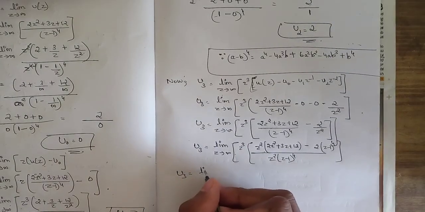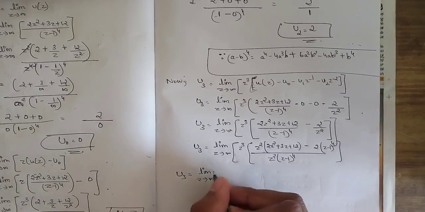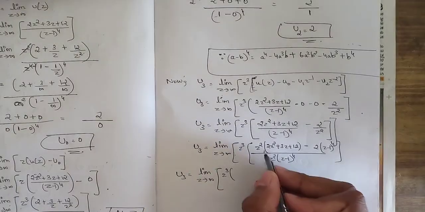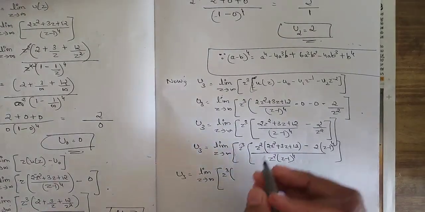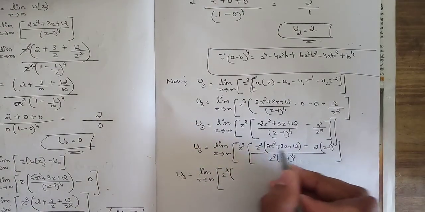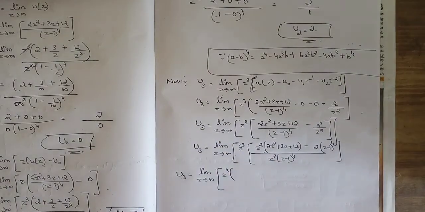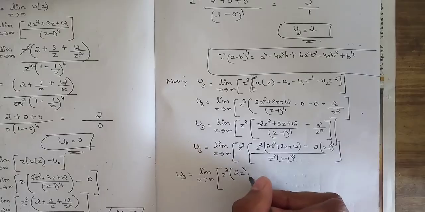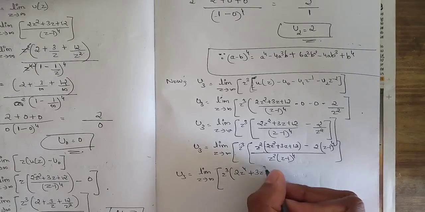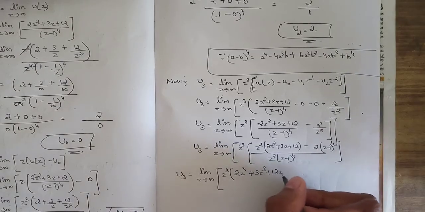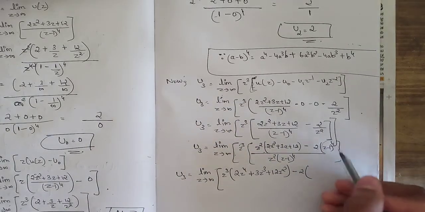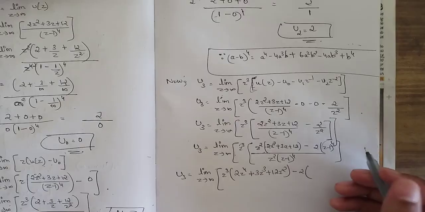So now u3 becomes z cube into, z cube is outside, and now let's multiply z square to each of the terms. So it becomes 2z to the power 4 plus 3z cube plus 12z square minus 2 into, now we are going to apply this (a minus b) whole to the power 4 formula.